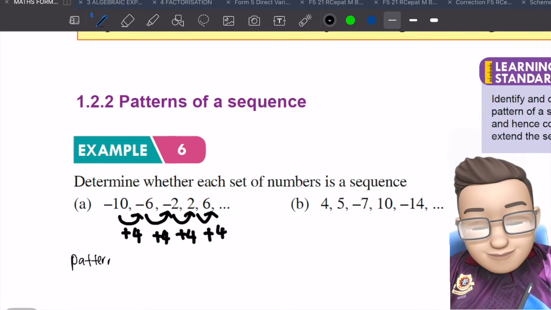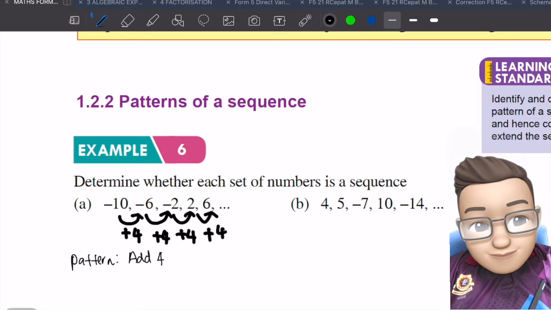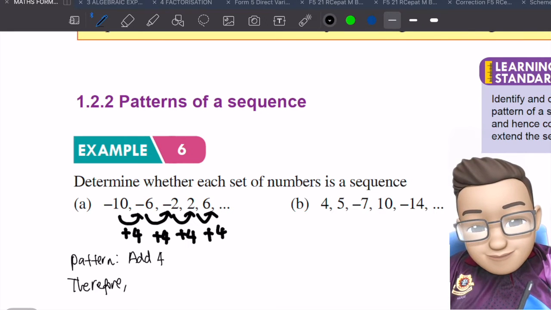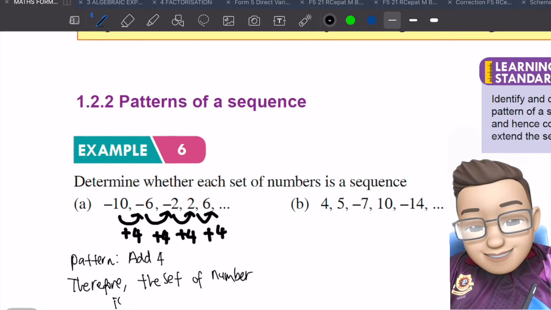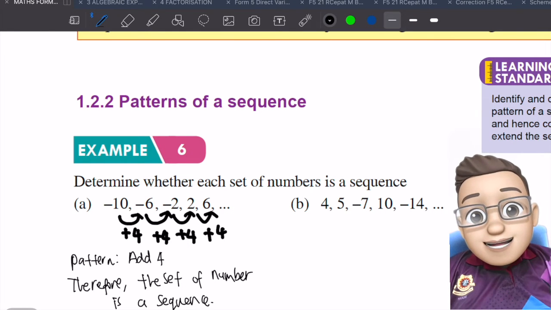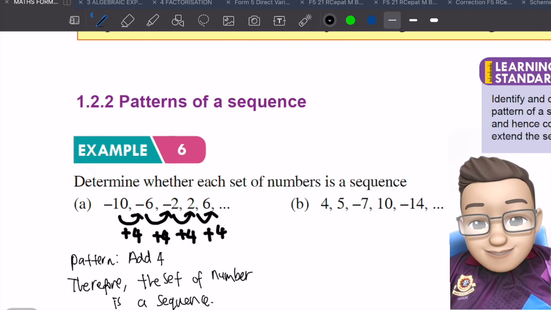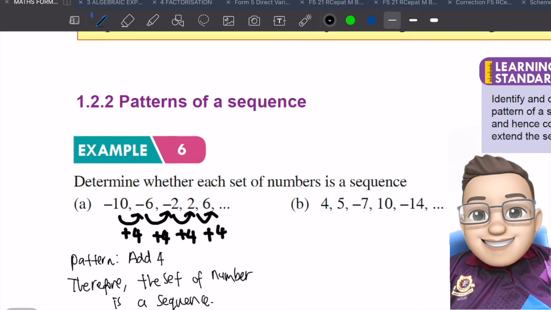The pattern is add 4. Therefore, the set of numbers is a sequence, because each number we add 4 to get the next number.